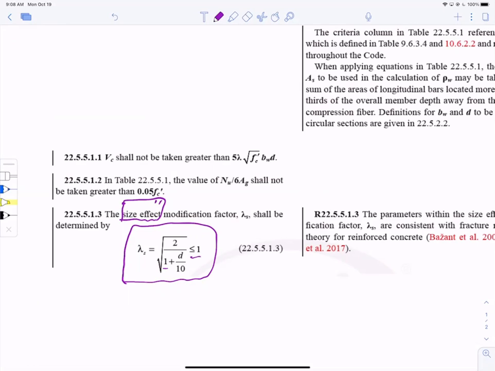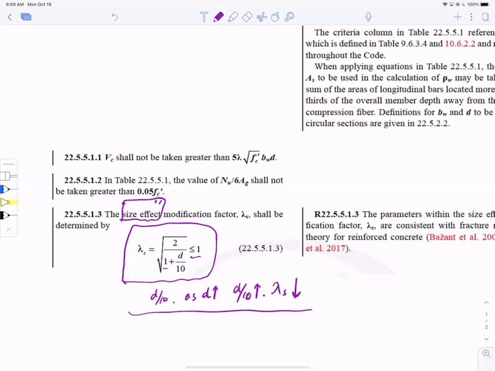Now, take a look at this d over 10 business. As my depth increases, my d over 10 increases, because it's in the denominator, and then lambda s decreases.